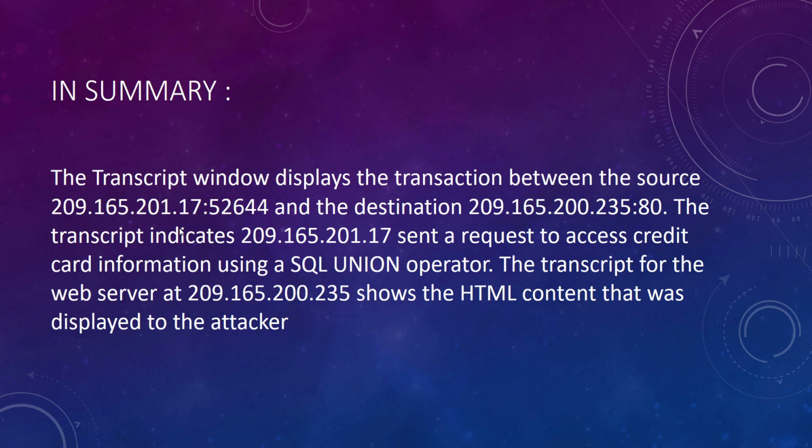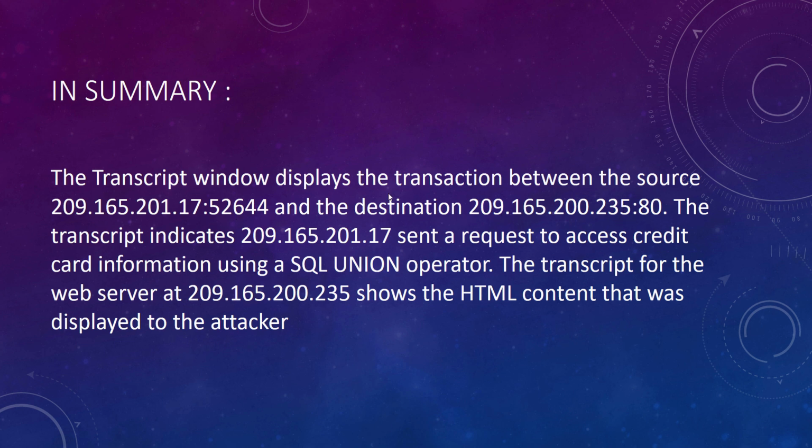In my own summary, I can say the transcript window displays the transaction between the source and the destination. Like I told you, we need to capture the source IP address, the port numbers associated with it, and the destination.